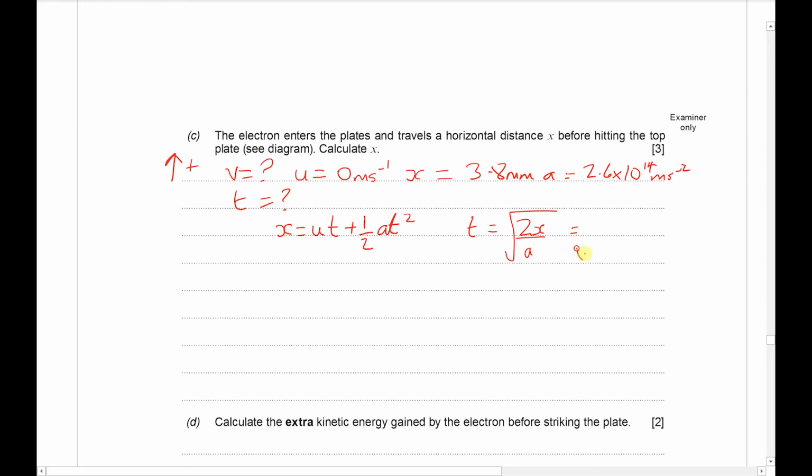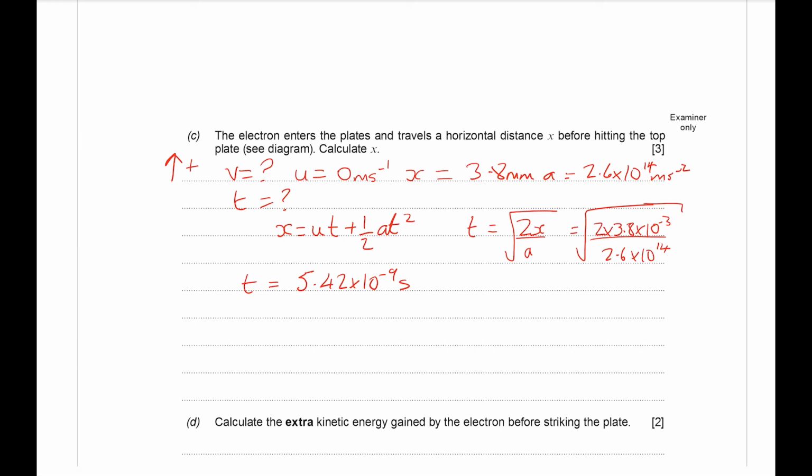So t will be the square root of 2 times 3.8 times 10 to the minus 3 over 2.6 times 10 to the 14. And that will give us 5.42 times 10 to the minus 9 seconds, or 5.42 nanoseconds. Now we can look at the horizontal motion.